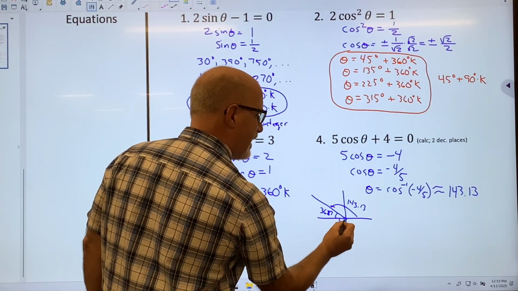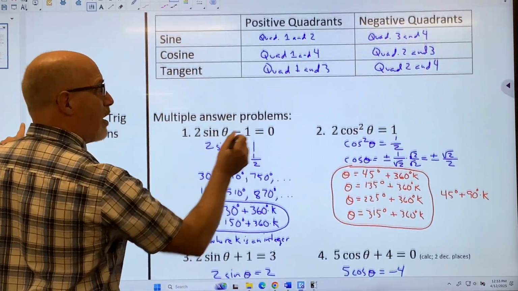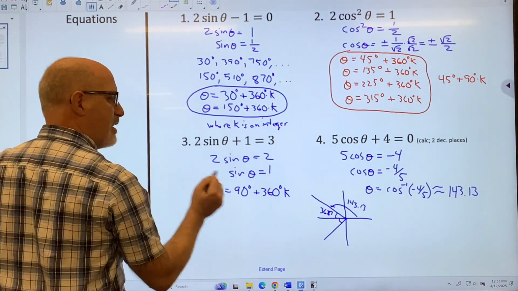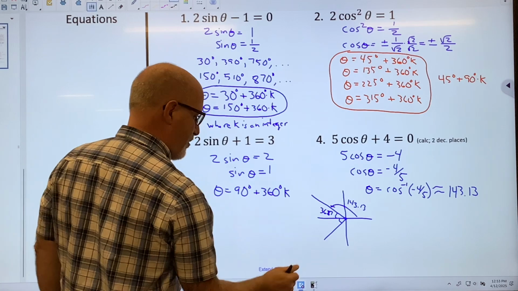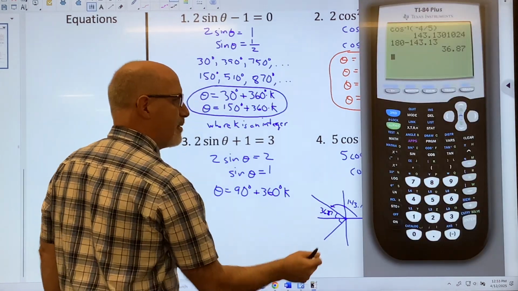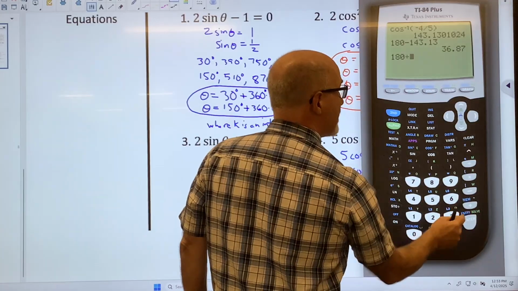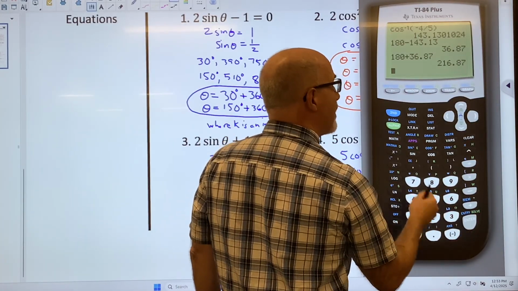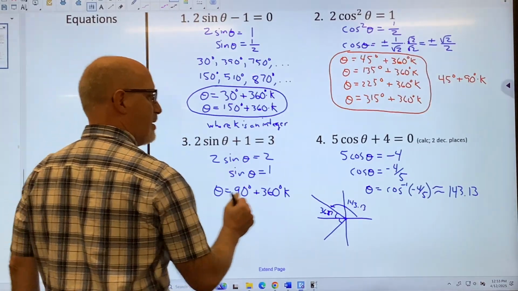This angle over here now, I want to go, like I said, into the third quadrant for my other answer to cosine being negative. So now I'm going to take 180 and add that 36.87. So I get 180 plus the 36.87, and that will give me my second angle, 216.87.